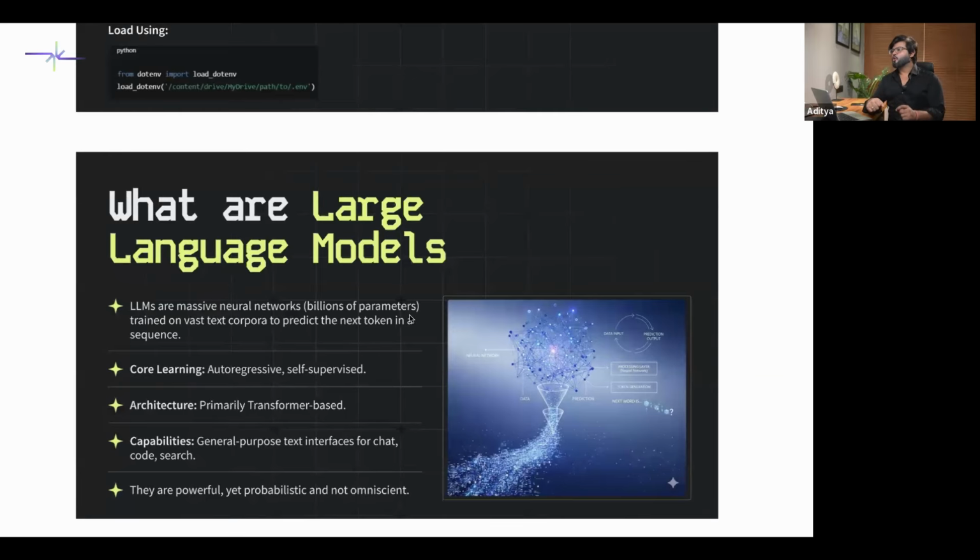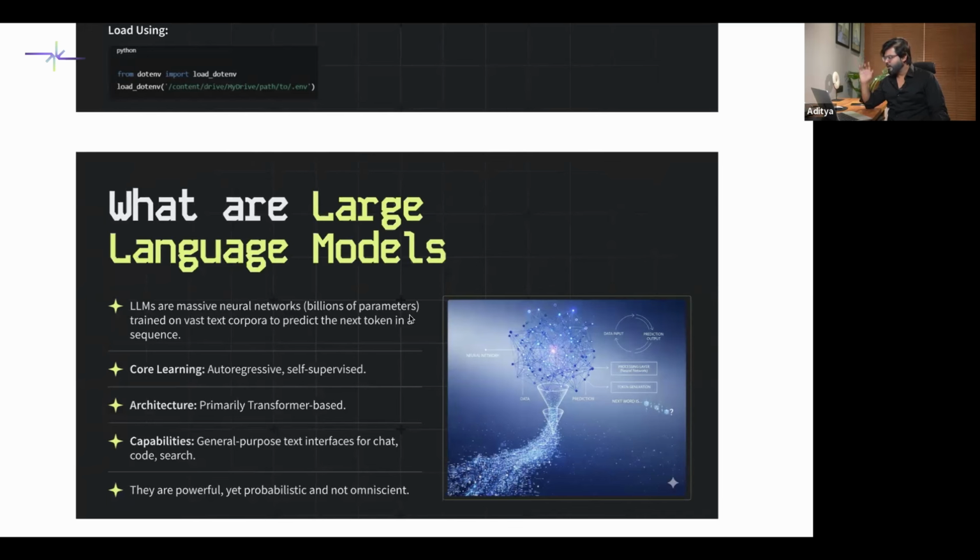These models are auto-regressive and self-supervised. And again, I'll just give a quick brief. When I say auto-regressive and self-supervised, that means they learn from raw text without explicit labels. When you do supervised learning, what do you do? Raise your hand if you know supervised learning.